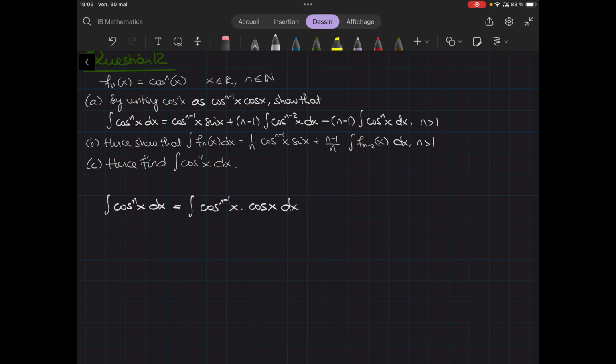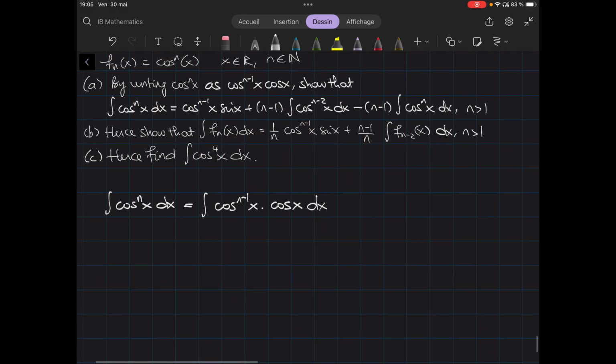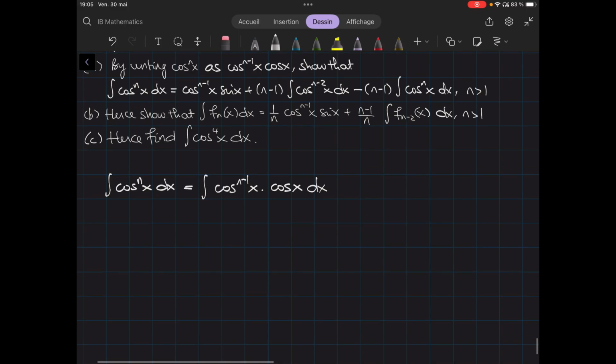In the first step, you're asked to show that the integral of cos to the n of x is equal to a very long expression on the right hand side. So we should start with the hint that they give us by writing cos to the n of x as cos to the n minus 1 times cos of x.